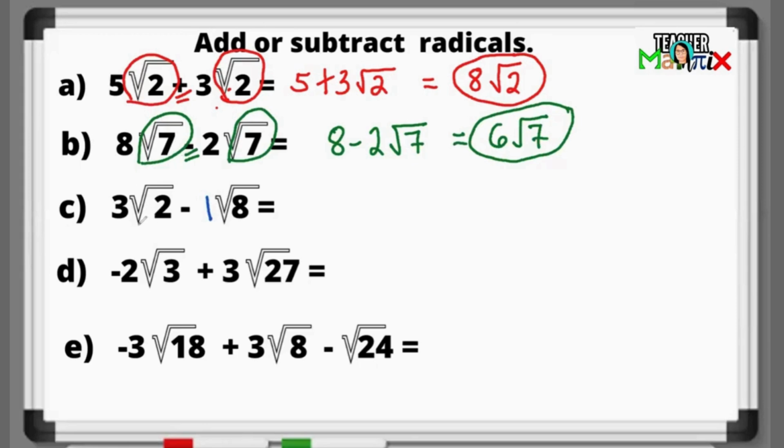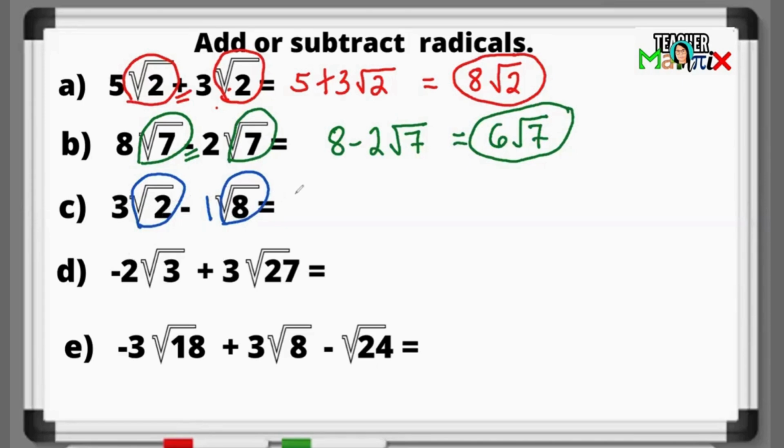Since we have different radicands, we have square root of 2, and this is square root of 8. Just get the factors since this is composite. Although 2 is an even number, it is the only even number that is considered prime.